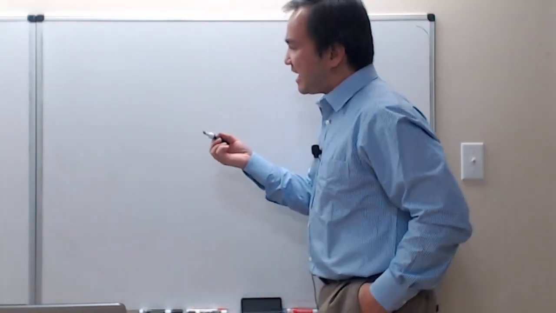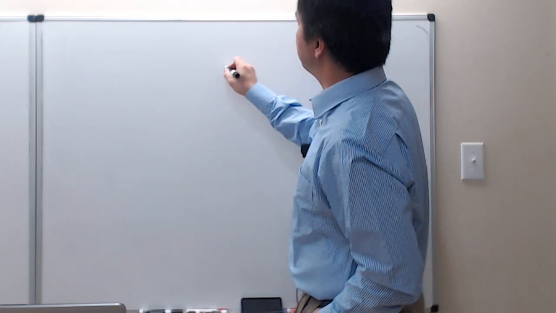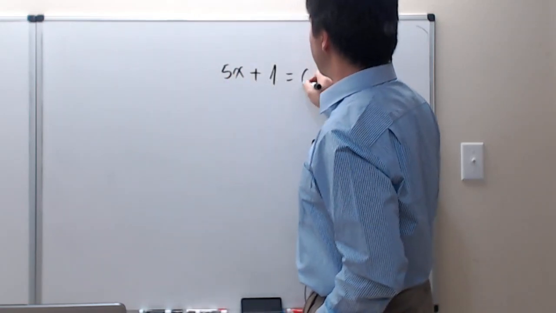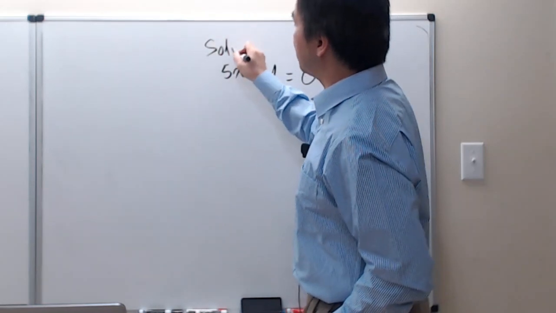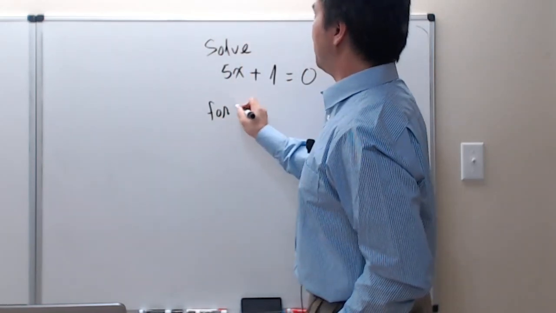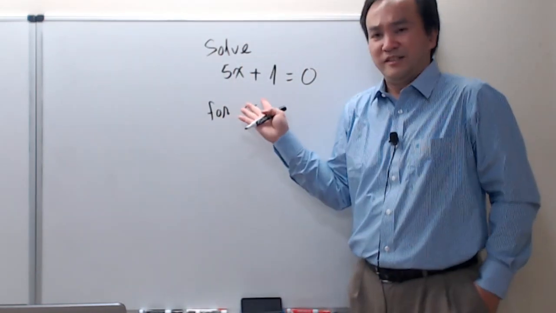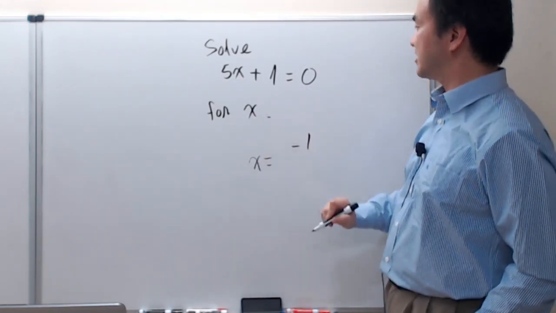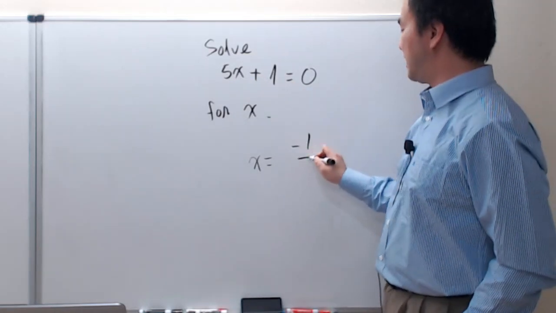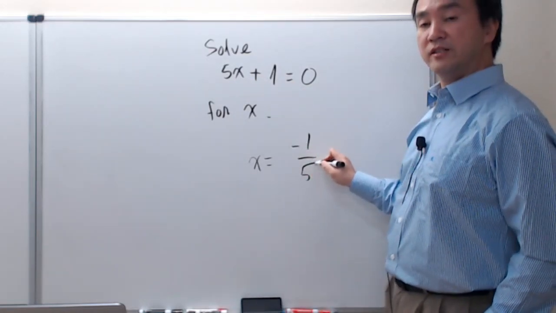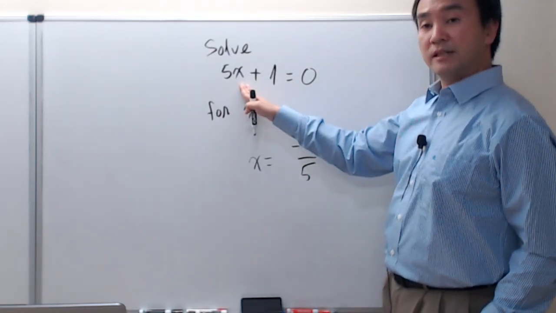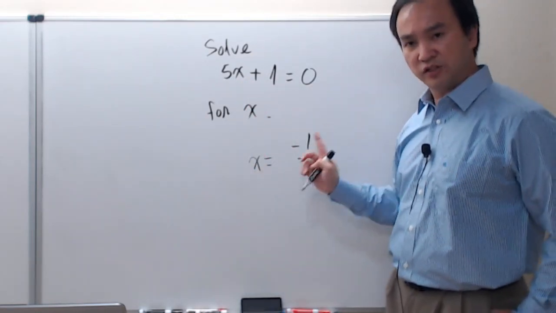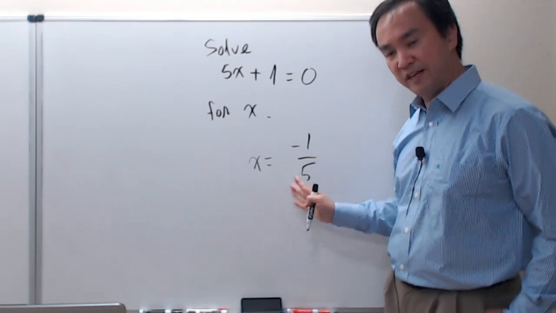If anyone is asking us to solve, let's say, 5x plus 1 equals 0 for x, this is easy. I mean, x equals, subtract 1 to the other side and divide both sides by 5, and we get the answer easily. This equation is referred to as a linear equation, and we don't need calculus to know how to solve this equation, and yes, the answer can be found easily.